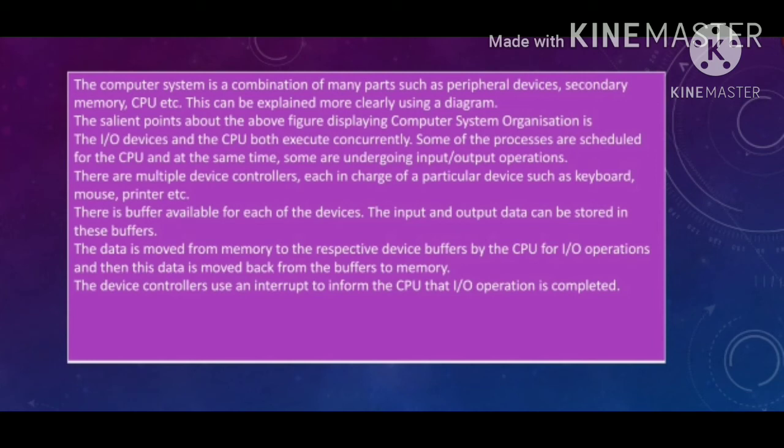There are multiple device controllers, each in charge of a particular device such as keyboard, mouse, printer, etc. There is a buffer available for each of the devices. The input and output data can be stored in these buffers.